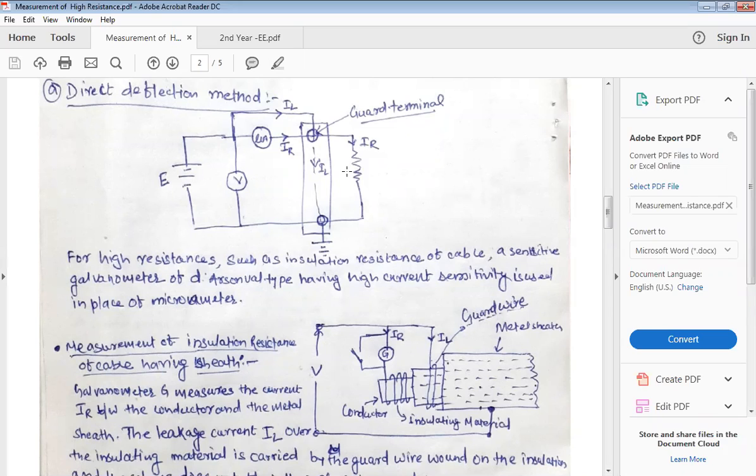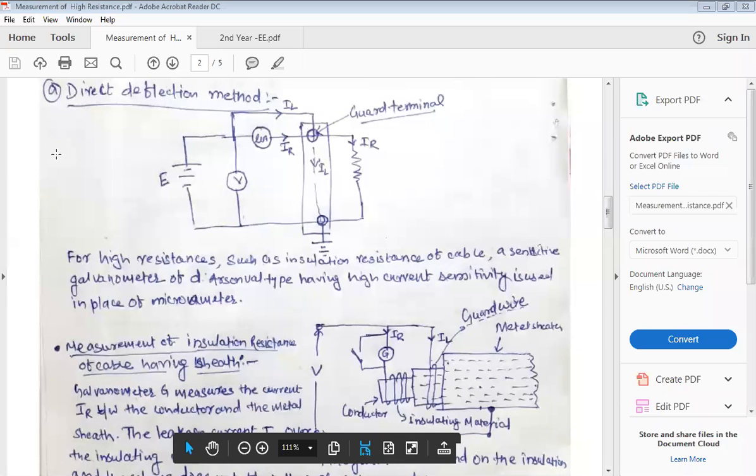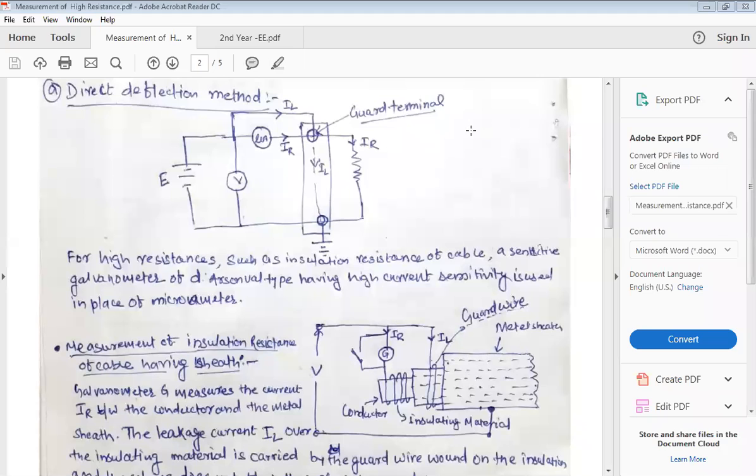In this measurement, the voltage range must be from 500 to 1000 volt, because for a low voltage you can't measure the current, since current is V by R and resistance is in a very high range. If you apply low voltage, then current in the microampere or milliampere range you cannot measure using a simple multimeter.